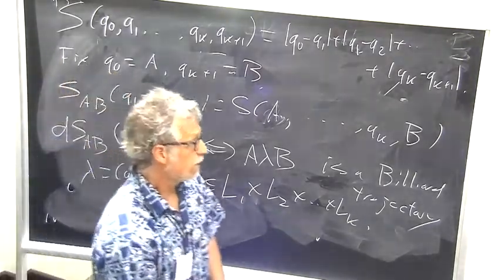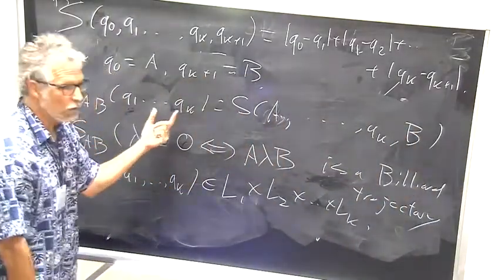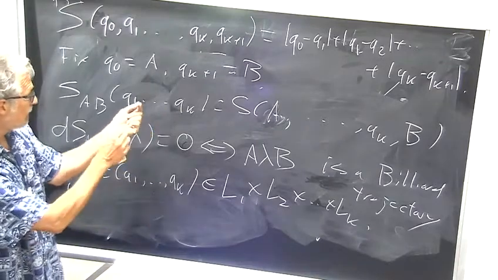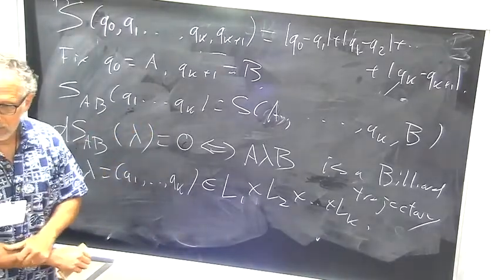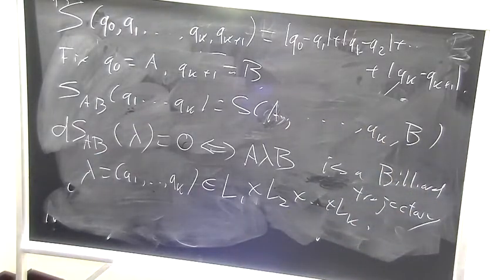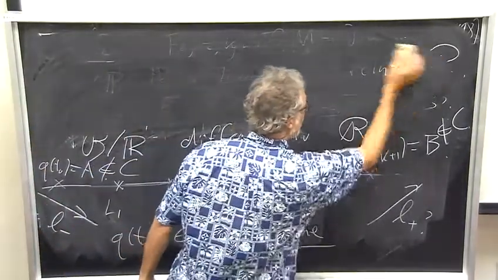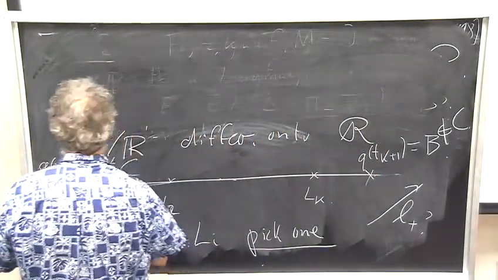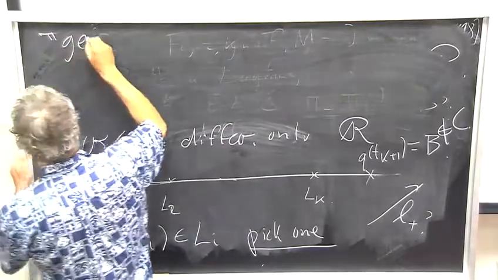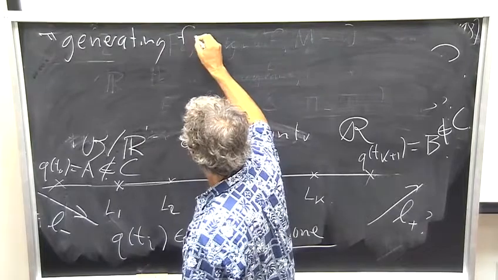And then there's a little bit of technicalities, like what do you do if they lie on the same subspace, but let me just leave it like that. So that's kind of the first part. And then you look up something I've always wanted to learn about and never had to use in a paper. People call them generating families.